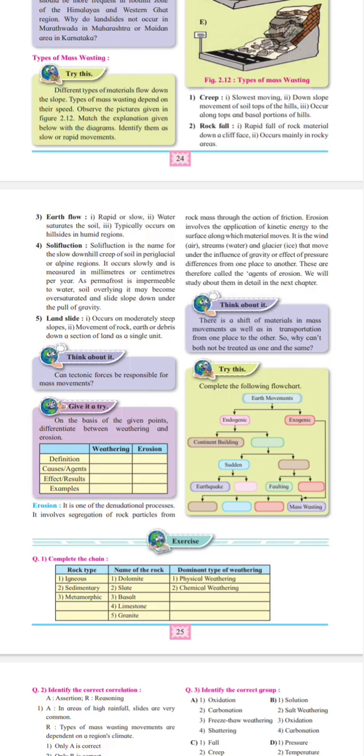What is kinetic energy? It is the energy of a moving object. For example, moving water has energy, moving wind has energy, moving glaciers or ice have energy too. This energy helps them remove and transport rock particles. So the main agents of erosion are running water, wind, glaciers, etc.